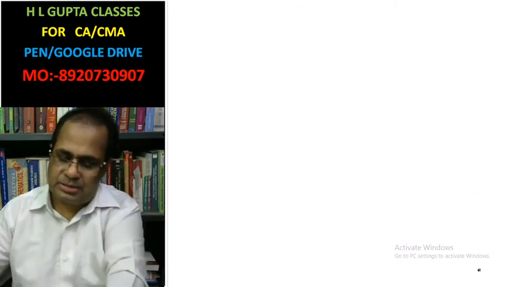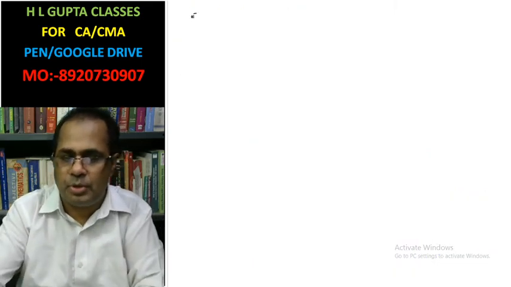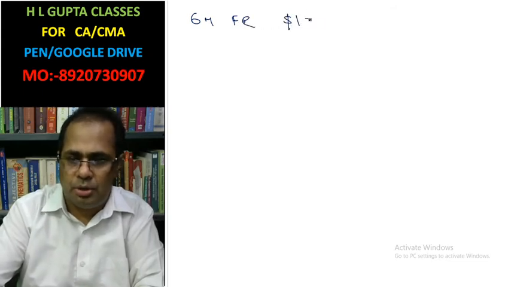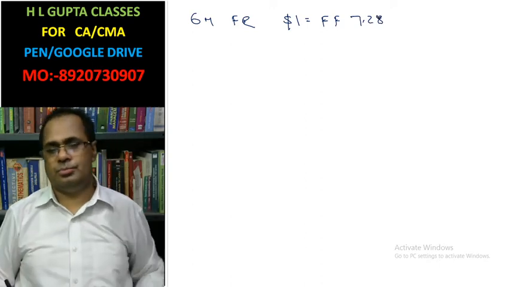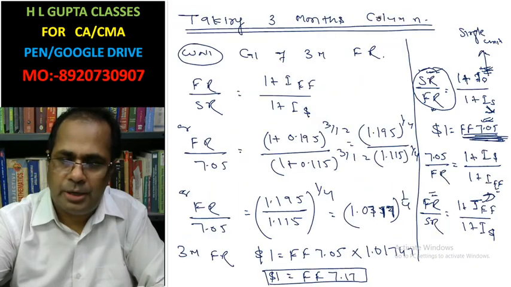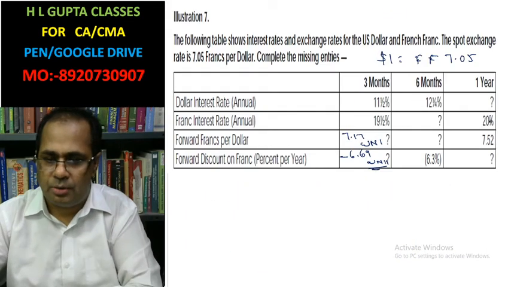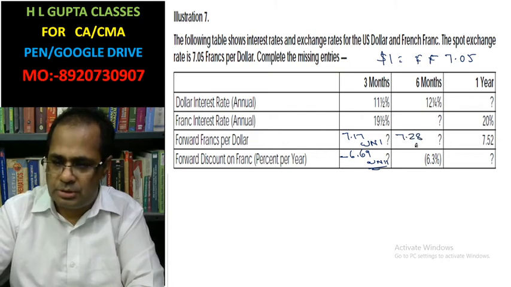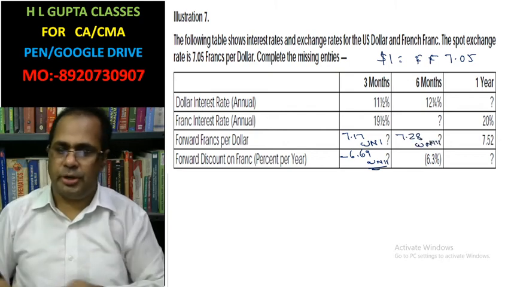That is the 6 month forward rate: $1 equals 7.28 French franc. Under this working note 3 you calculated 7.28.